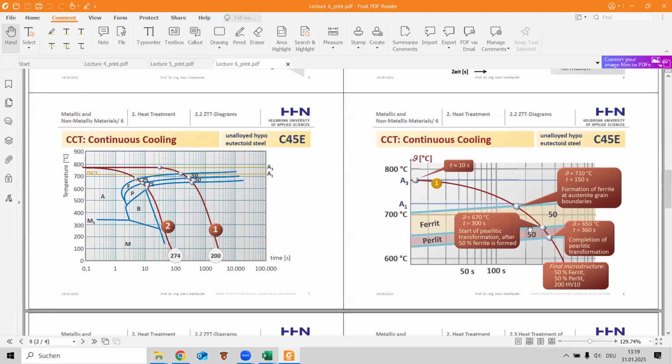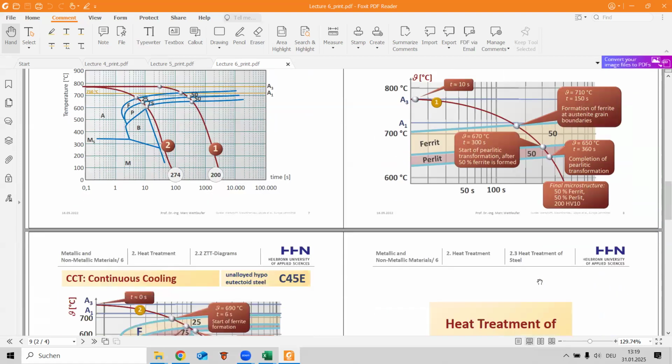Here start of pearlitic transformation after 50% ferrite is formed. Here completion of pearlitic transformation. Final microstructure, half ferrite, half pearlite, ferrite separation.